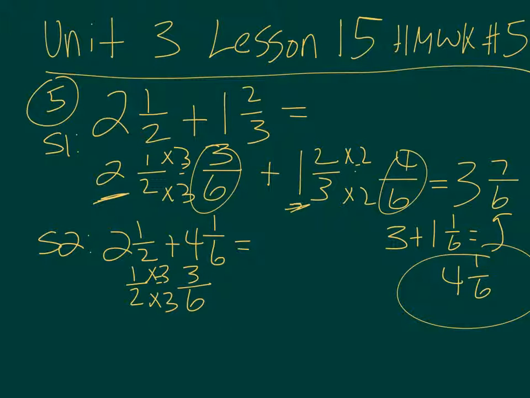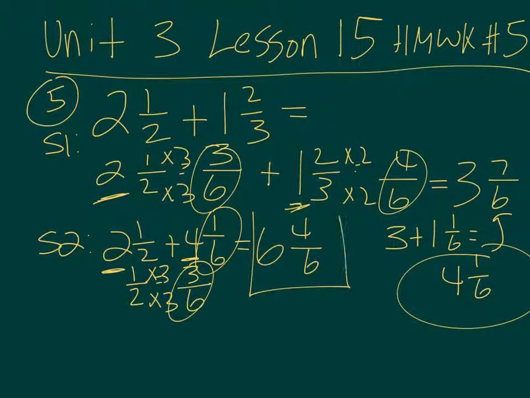So now we have 2 3/6 plus 4 1/6. Well, 2 plus 4 is 6. And 3/6 and 1/6 would be 4/6. So now we know, added together, that here are the first 2 parts of the drive.